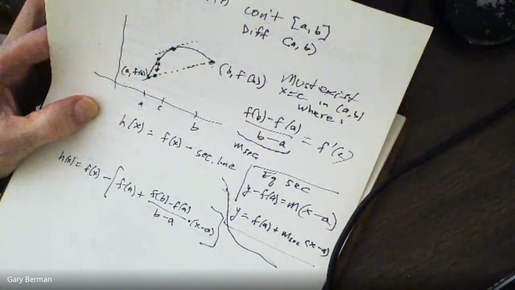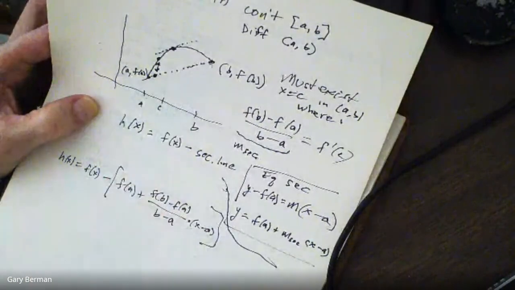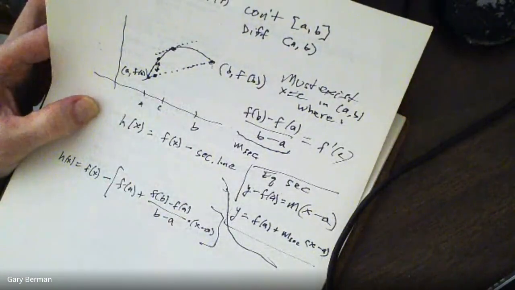And there's a very important reason why this particular function is going to be useful, because you may notice at x equal a and x equal b, what's the distance between the curve and the straight line? 0, right? I'm concocting a function that at x equal a is 0 and at x equal b is 0. And I'm concocting that function because that's exactly what you need for Rolle's theorem.